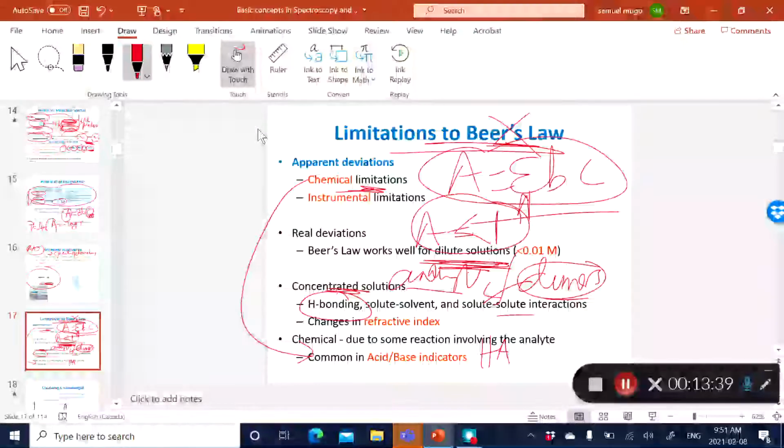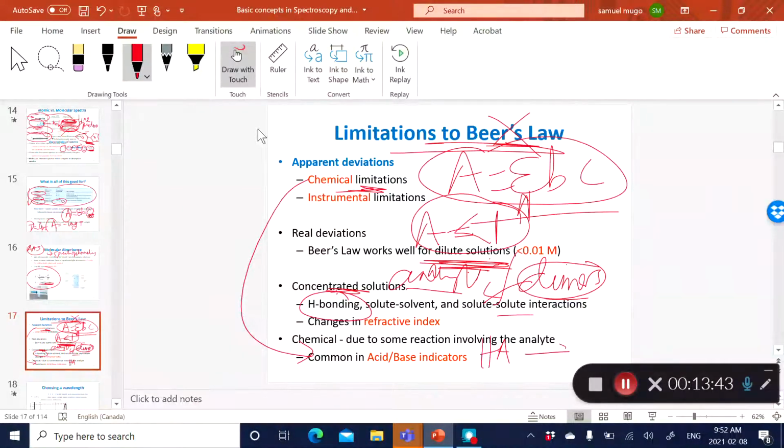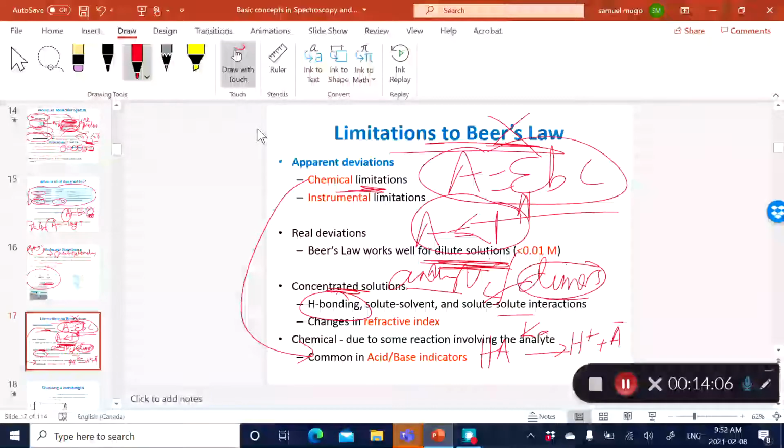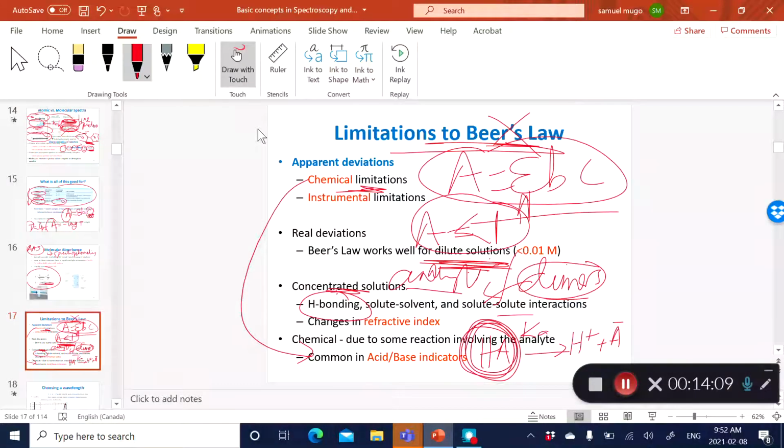And we know all monoprotic acids, or all weak acids in general, undergo dissociation to give you the conjugate base, and then the proton or the hydronium ion is generated, and the equilibrium constant is what you call the Ka. Meaning, if I take acetylsalicylic acid or aspirin and dissolve it in water, it is not going to exist as acetylsalicylic acid.